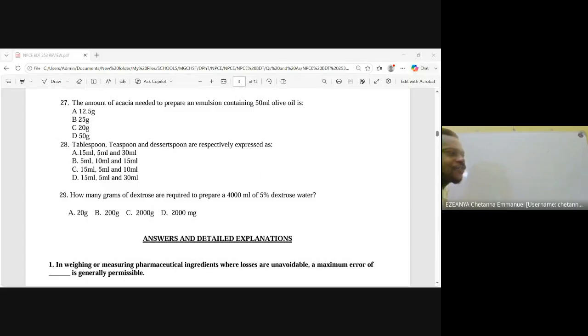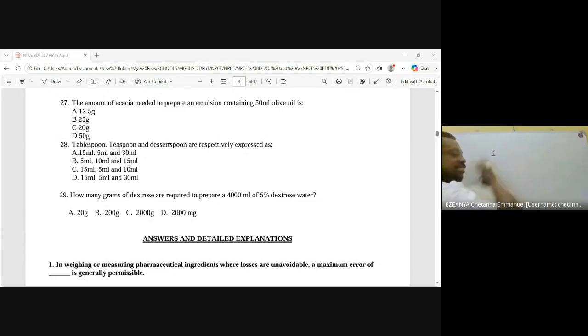So if you hear 300 milligram capsule, what it means is that 1 capsule. Remember, the capsule is the dosage form. Everything we are doing is all about what happens between the dosage form, which is the medicine, and the drug itself, which is the active ingredient.